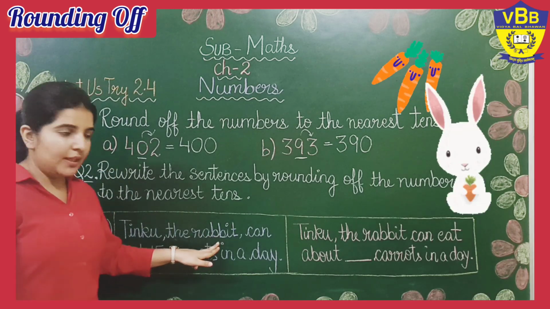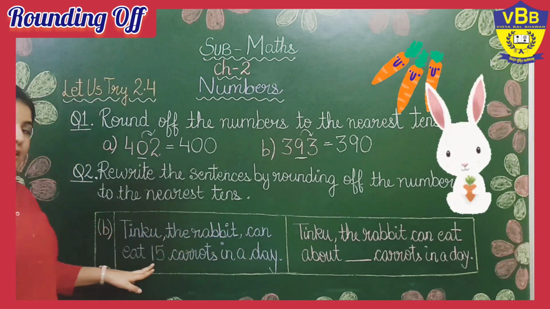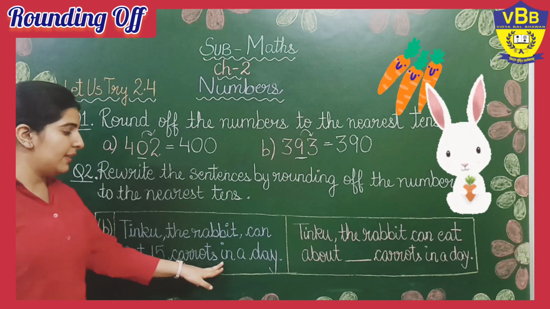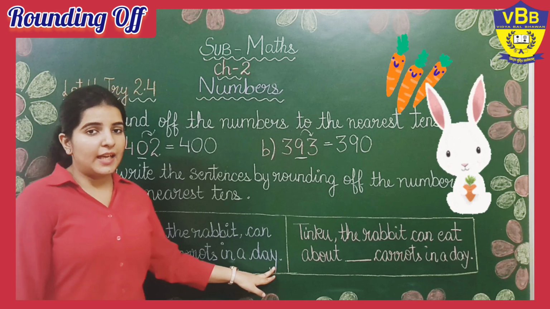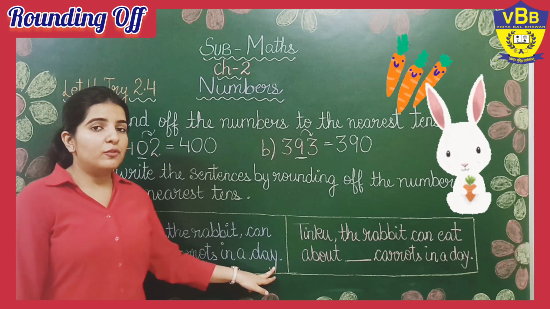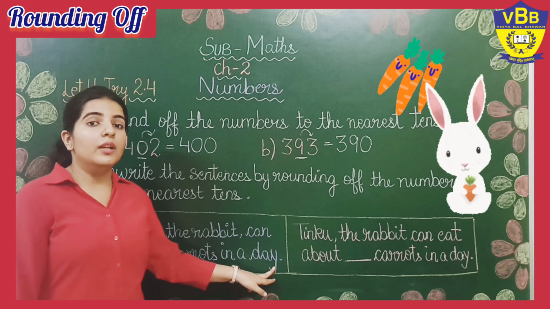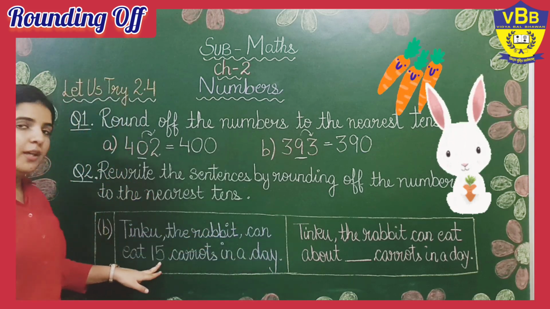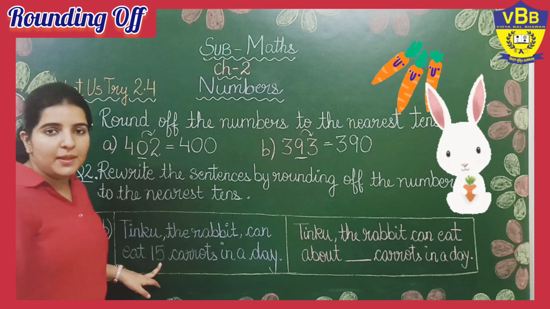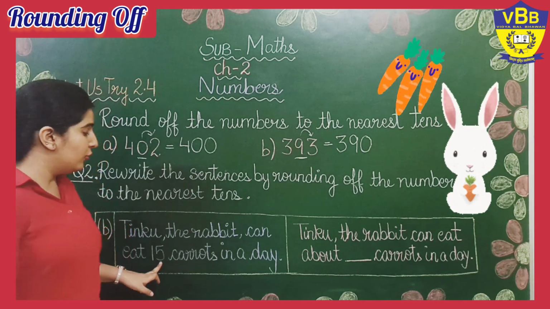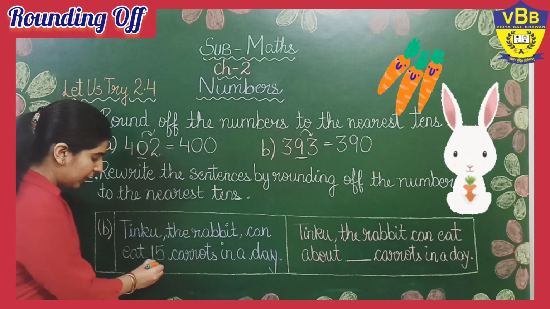Tinku, the rabbit, can eat 15 carrots in a day. How many carrots? 15 carrots. Now what we have to do? We have to round off this number 15 to its nearest tens place. Okay everyone? So again we will find out the number.